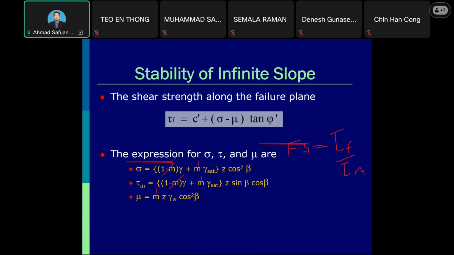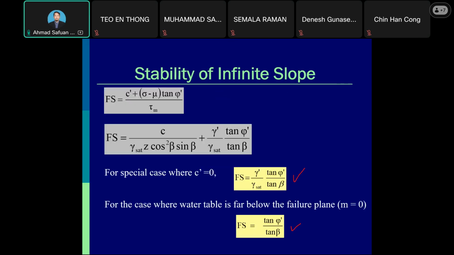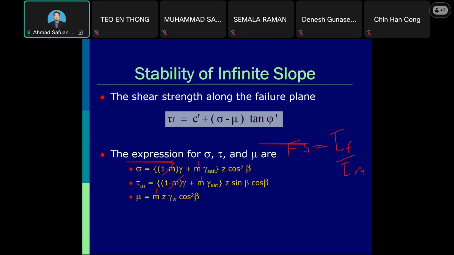For me, it's better to use the basic formula because it's more flexible and can be used for any type of situation based on the groundwater level location.